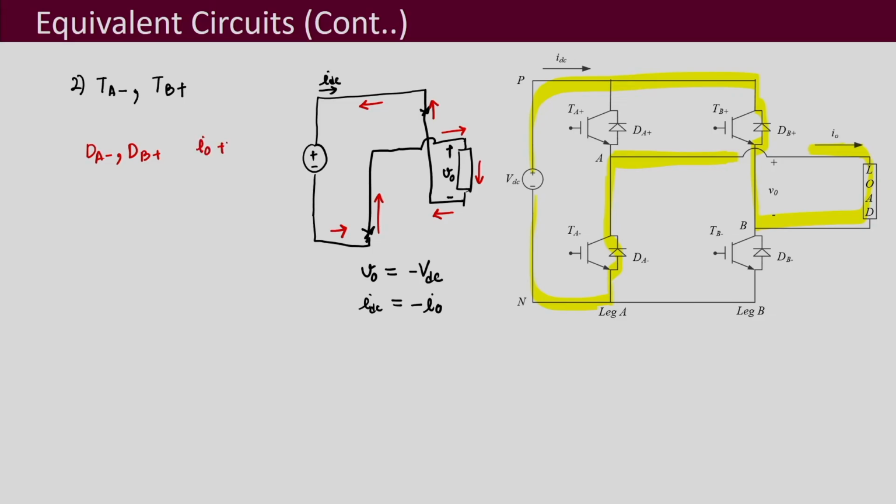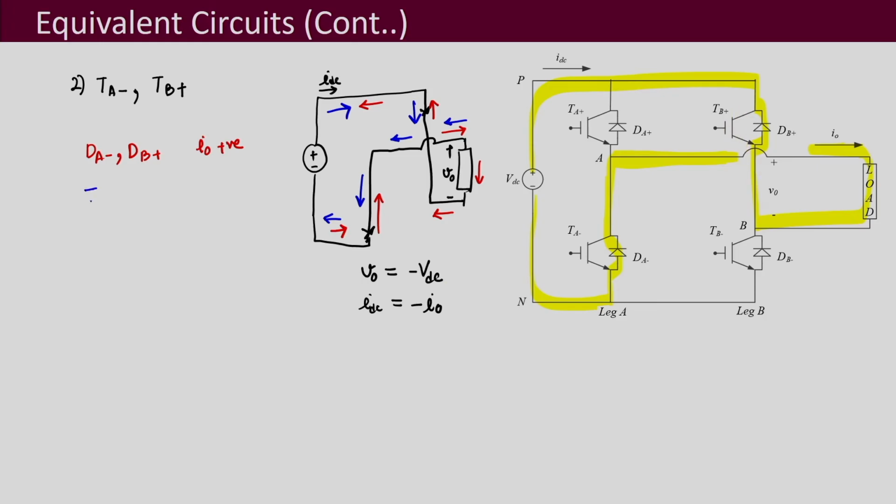And when IO is negative, IO flows in the opposite direction, it flows like this, it has to be then carried by the transistors. It flows like this, comes here, goes down, and here also the path of the current is downwards. When the path of the current is downwards, that means it has to be carried by the transistors.